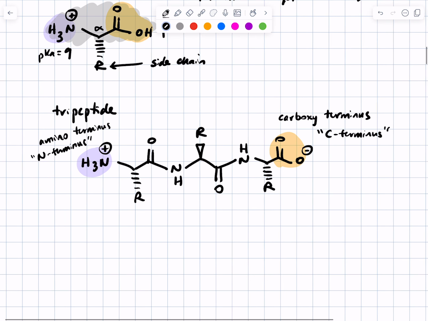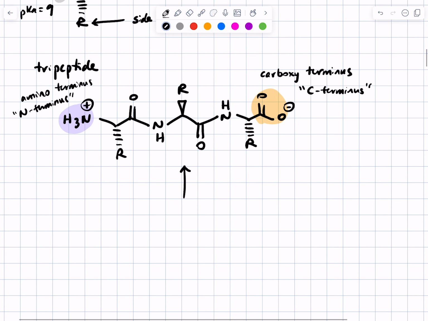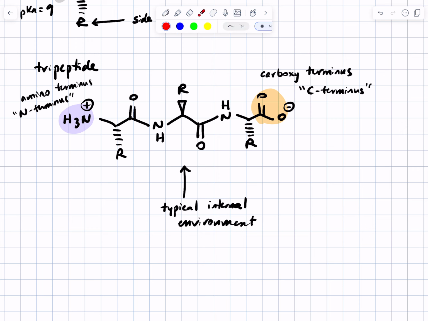Most of the amino acids in a long peptide chain are going to be in this typical internal environment where the amino acid in the middle is involved in an amide bond with the amino acid to the right and in an amide bond with the amino acid to the left.